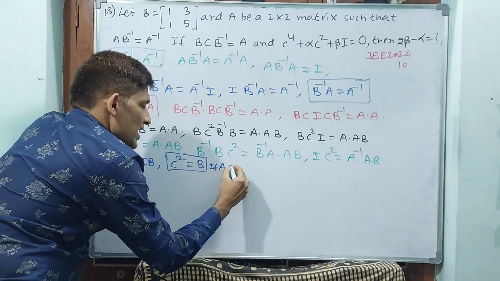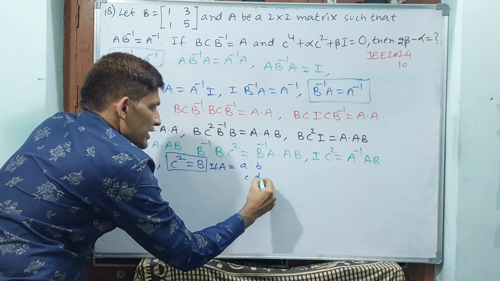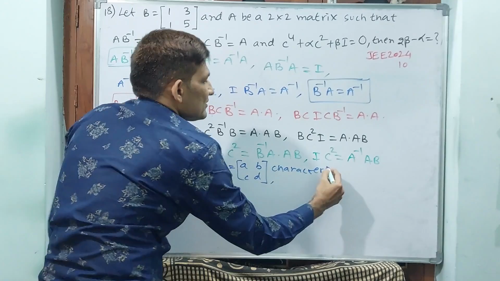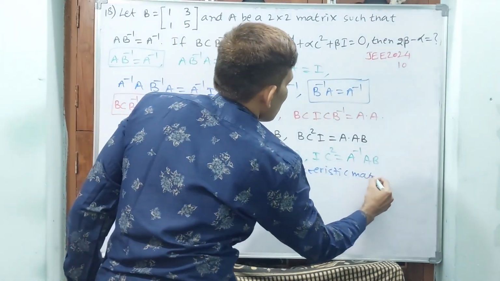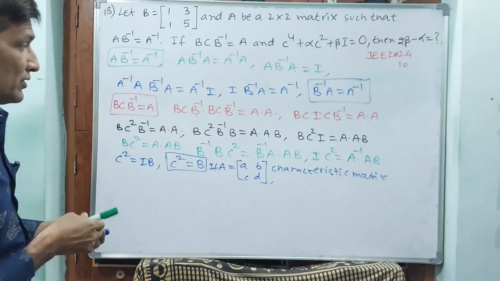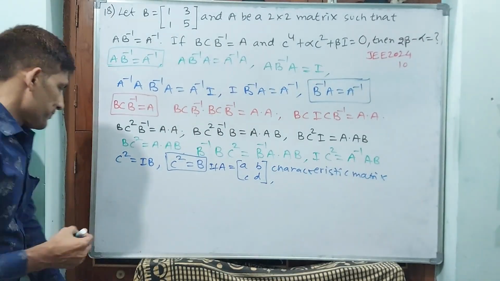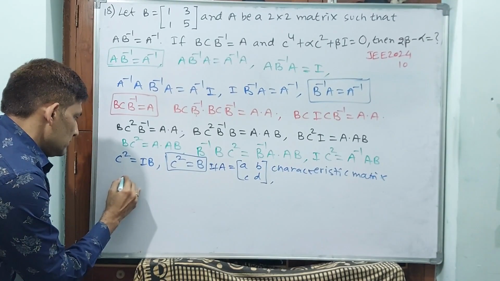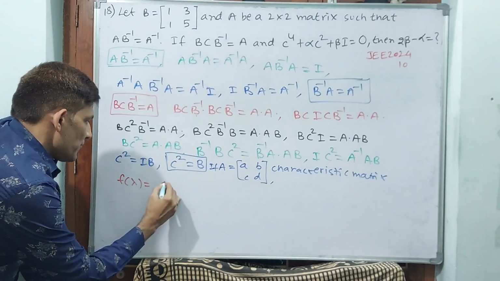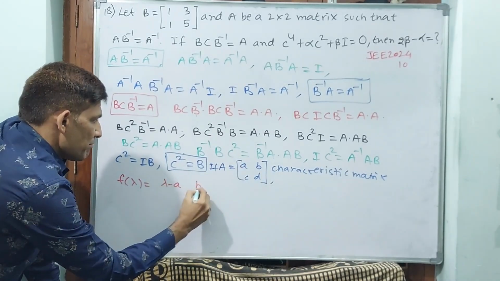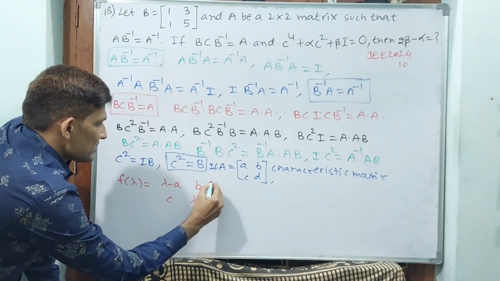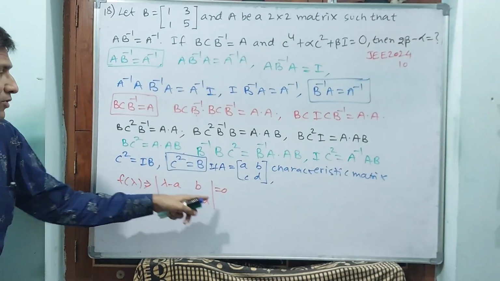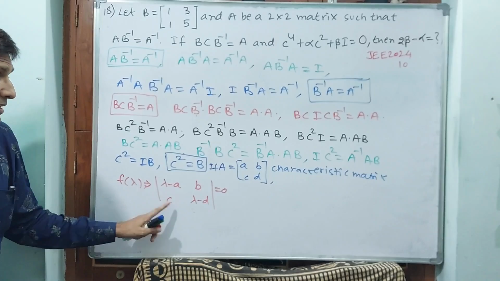If A is equal to [[a, b], [c, d]], then the characteristic equation: f of lambda is equal to the determinant of [[lambda minus a, b], [c, lambda minus d]] equal to 0. This determinant you have to find and equate to 0.